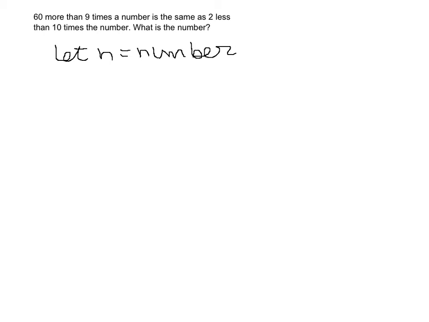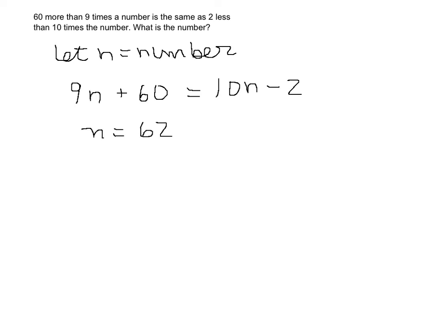Always want to have a let statement. 60 more means adding, so 9 times a number plus 60 is the same as, that means equals, 2 less, that means subtraction, than 10 times the number: 10 times the number minus 2. So there is my mathematical statement. And if I solve that, I get n is equal to 62.